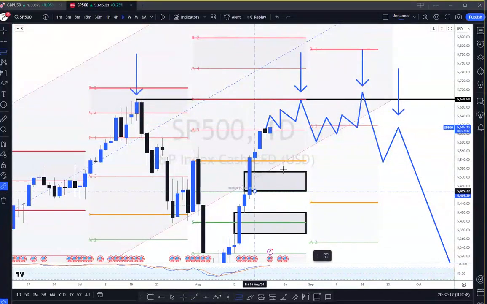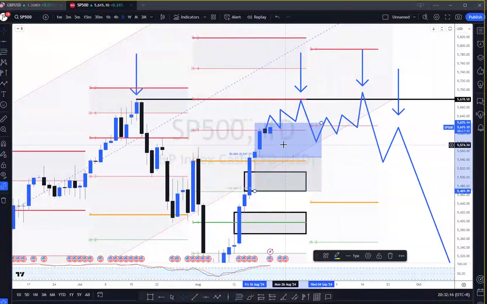So if you are looking to buy, okay, anything in the blue zone, it's expensive. Anything in the gray zone is cheap. So if you want to buy cheap, then you will have to wait. If you're impatient and you want to get into the market right now, then you will buy, but it will be considered expensive.